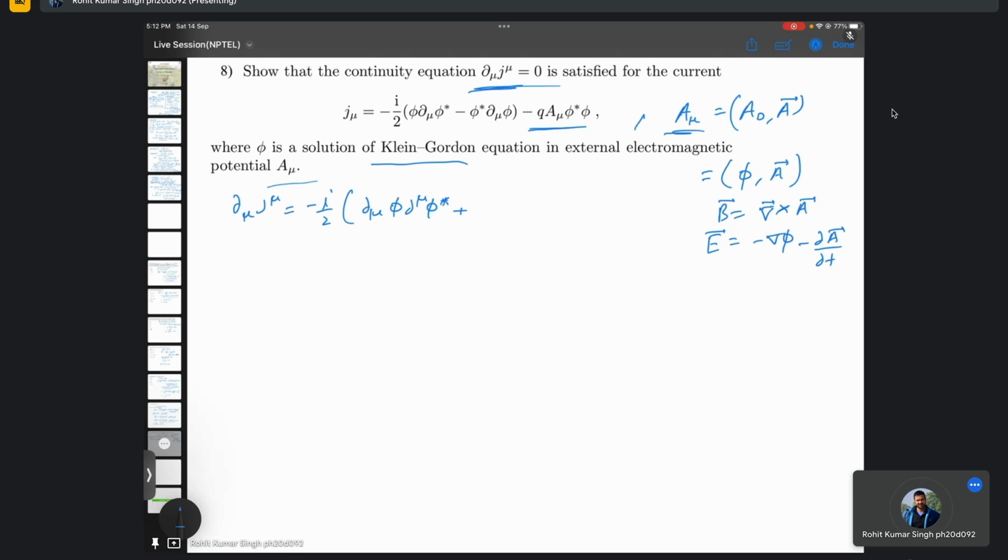So I am first applying the derivative on this first term, and I am writing directly the scalar product of derivatives as the D'Alembert box operator.